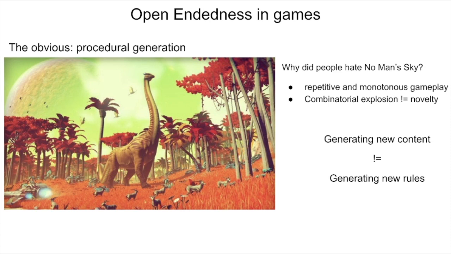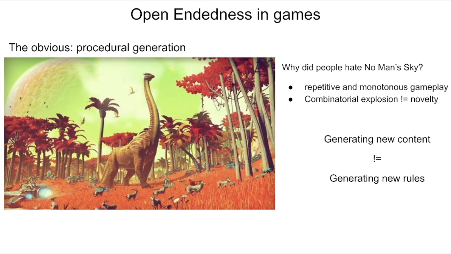Another issue is that combinatorial explosion is not the same as novelty. Just because you have tons of different animals doesn't mean that they're all interesting. It doesn't really matter if you have a ton of different animals, if the patterns with which you create these animals are all the same. For example, I could say that I can create an infinity of colors between black and white.